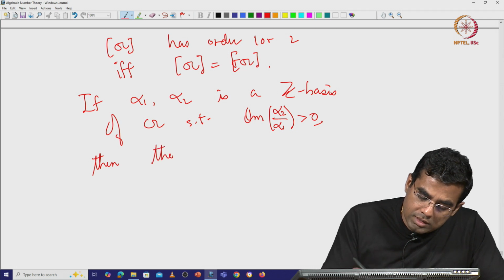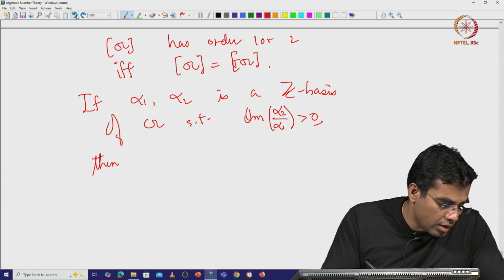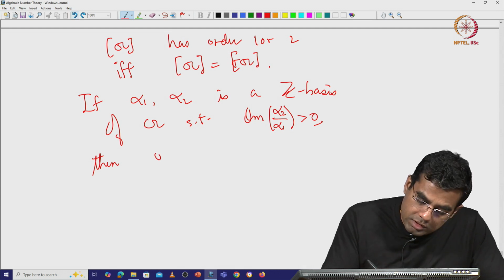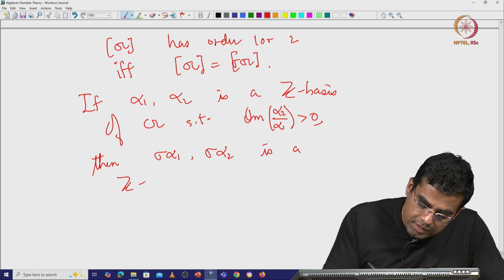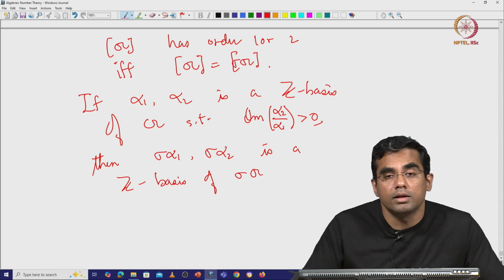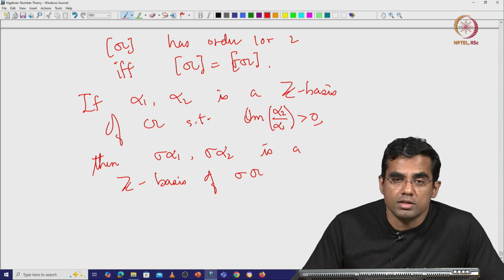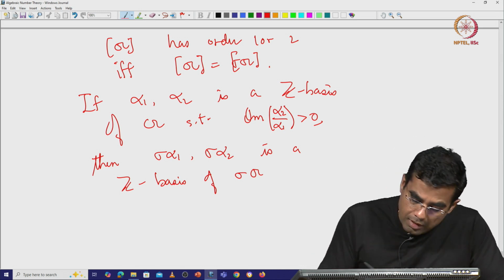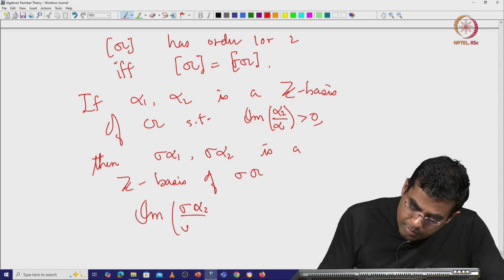Then sigma alpha 1 and sigma alpha 2 is a Z-basis of sigma A. That is clear: if you have a Z-basis of A, then you can just transform the basis under sigma and you get a Z-basis of sigma A. What is the imaginary part of sigma alpha 2 by sigma alpha 1?